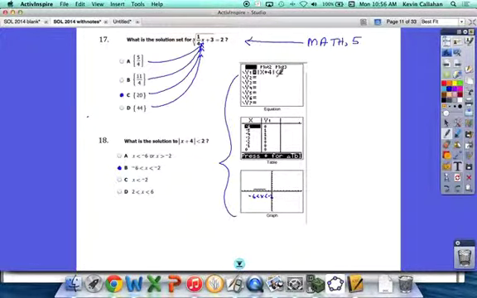Instead, you go to second math. Second math is the test menu, and that gives you all your inequality symbols that you put in there. And when you do it, you're going to get something that looks like that. And hopefully you can, from that, back out what the inequality was.